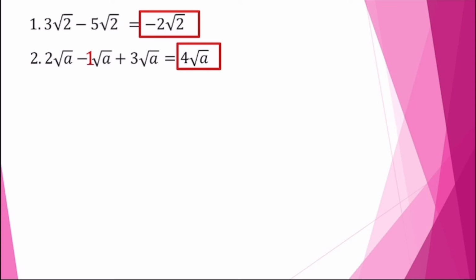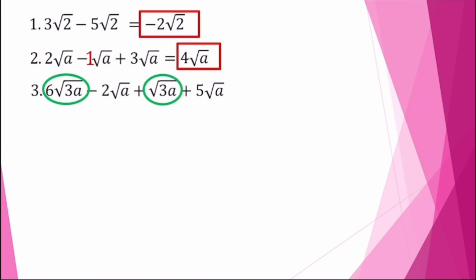Next, another example. 6 and square root of 3a minus 2 and square root of a plus square root of 3a plus 5 and square root of a. So what are we going to do with this? 6 and square root of 3a and square root of 3a can be combined.